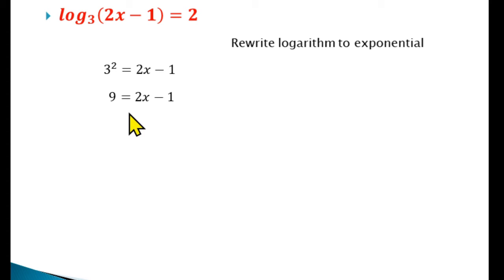Now, the next step is for us to combine the like terms. When you combine like terms and you need to find the value of x, we need to move your 2x to the left side of the equation. And this becomes negative 2x equals negative 9 minus 1.